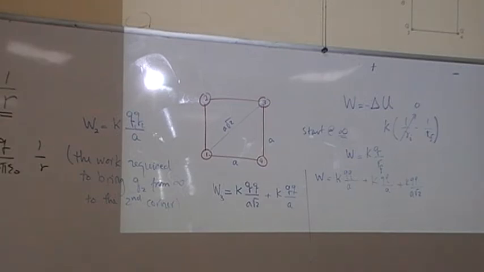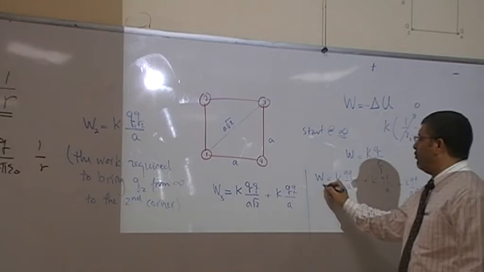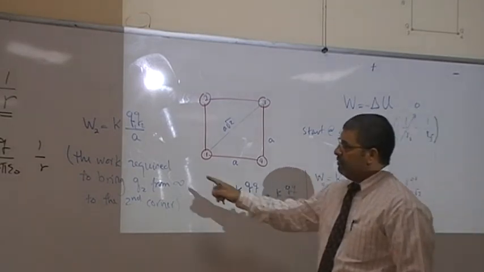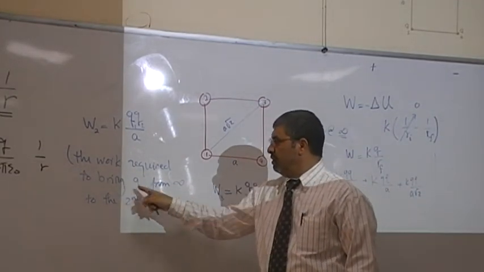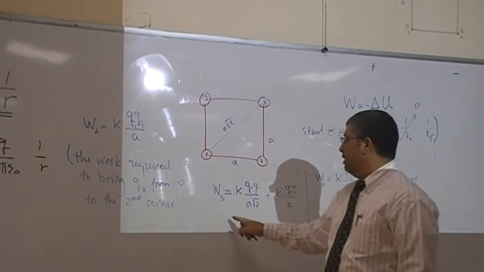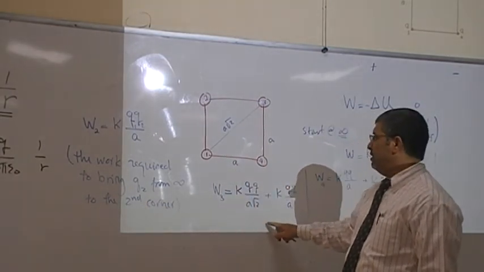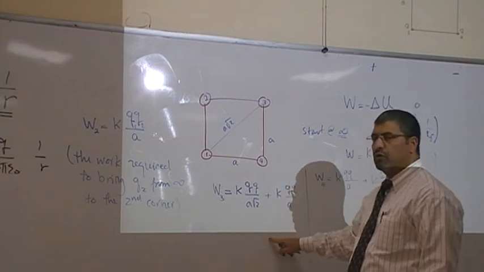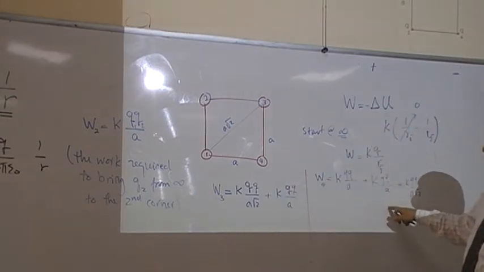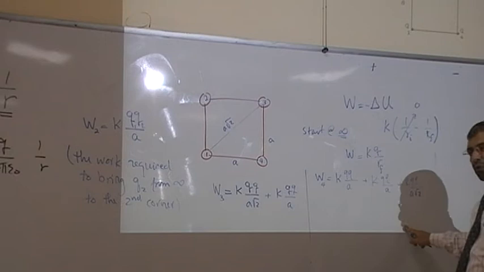Then the total work, work 4: this is the work required to bring Q2 from infinity to the second corner, this the work to bring Q3 to the third corner, and this the work to bring Q4 to the fourth corner.